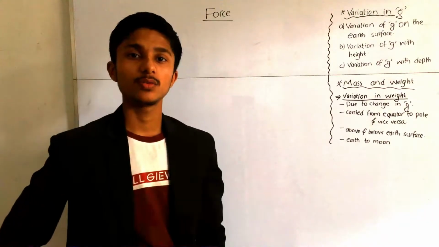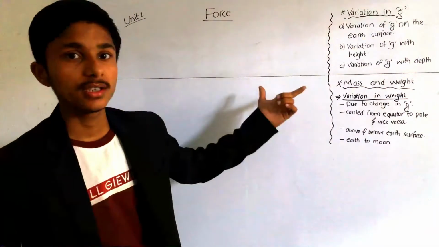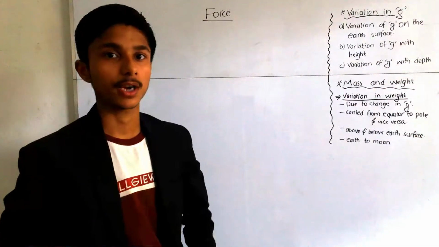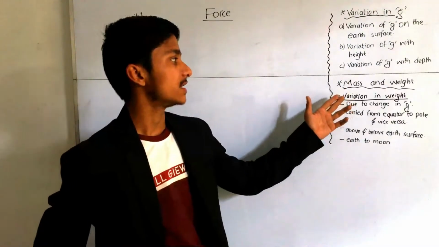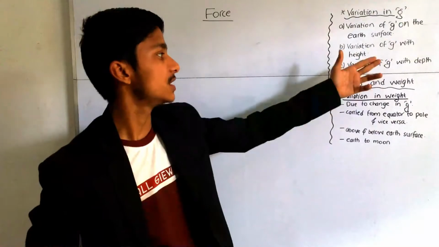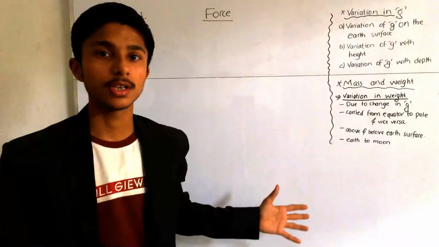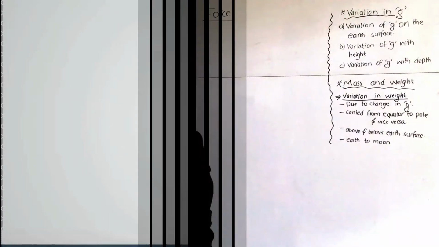In this lecture, we are going to deal with the change in acceleration due to gravity with various causes or factors. Similarly, the next topic is mass and weight. These two topics, variation in g and mass and weight, we are going to study in this lecture. So without getting delayed, let's start our lecture.